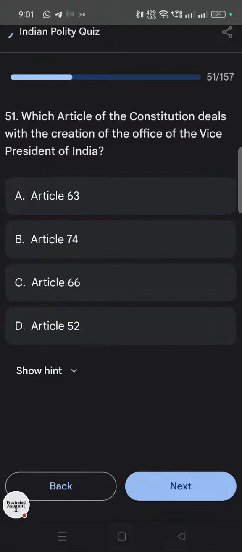Which article of the Indian Constitution deals with the creation of the office of the Vice President?